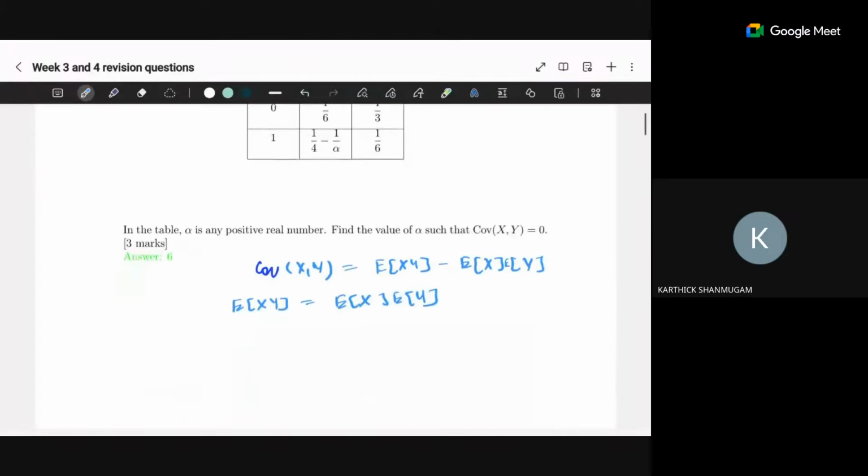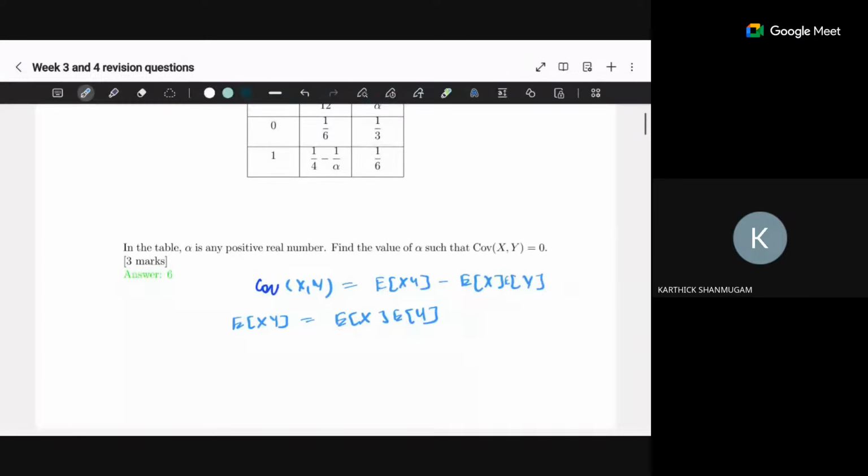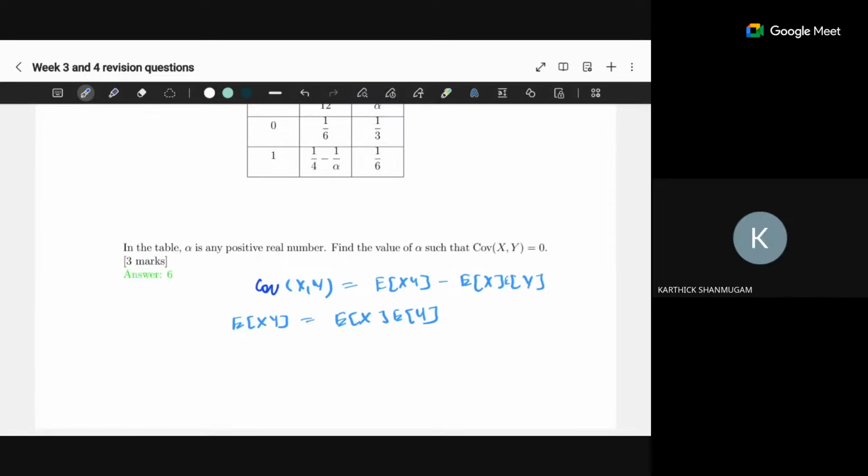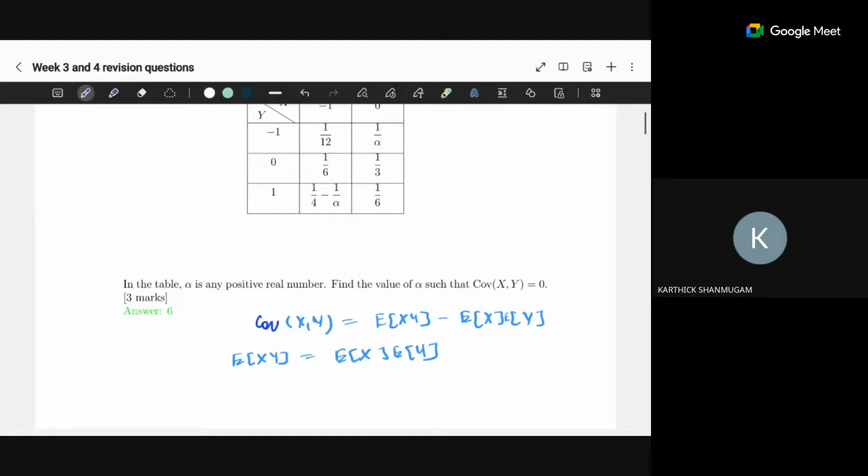No, ma'am, it's maybe wrong. It's not independent. Expectation of XY is equal to expectation of X into expectation of Y only in the independent case.